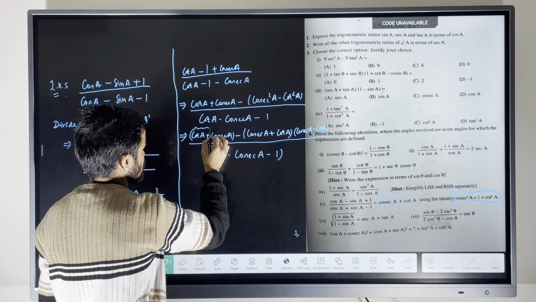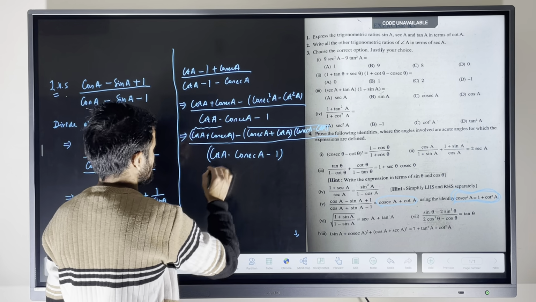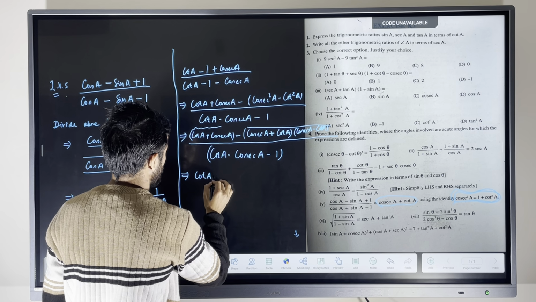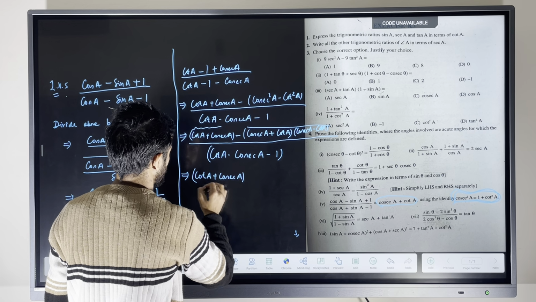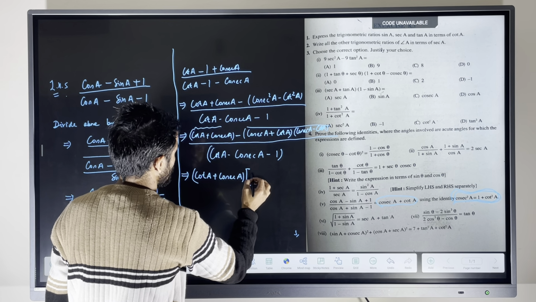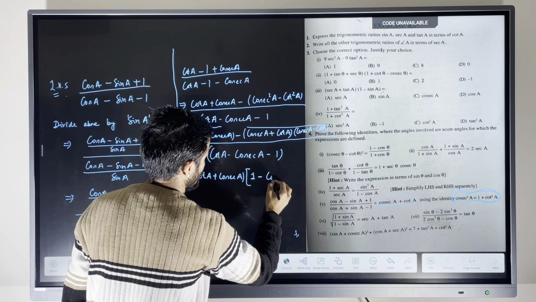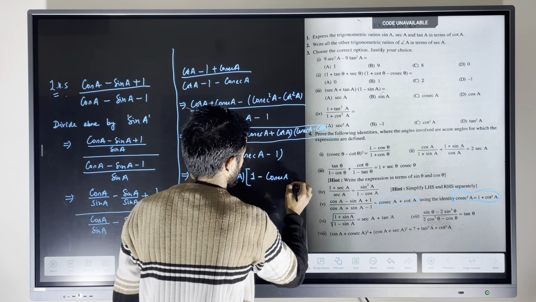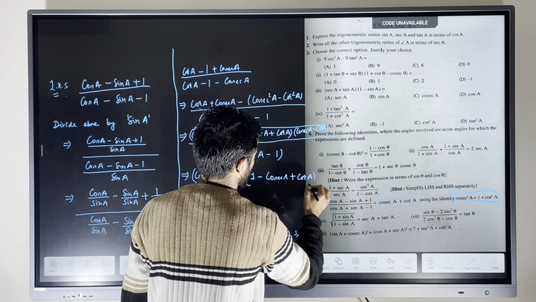So there are two terms. If we take cot A plus cosec A as common, from here we are left with 1 and a minus sign, and from here we are left with cosec A, then minus and minus will turn to plus.